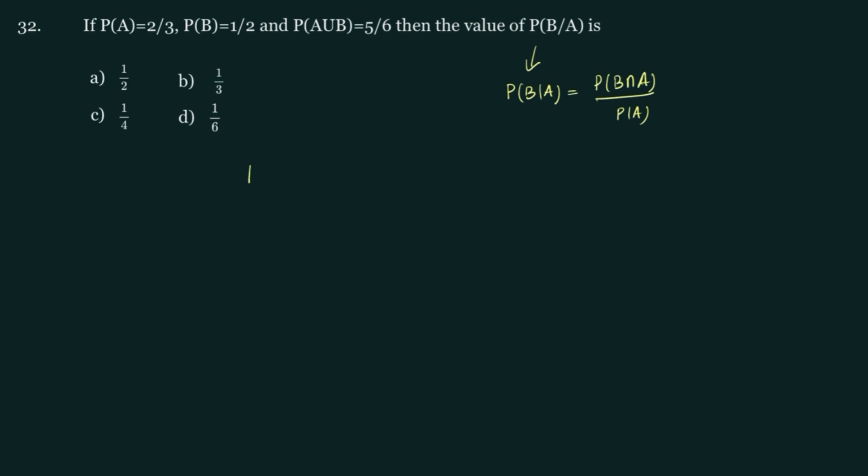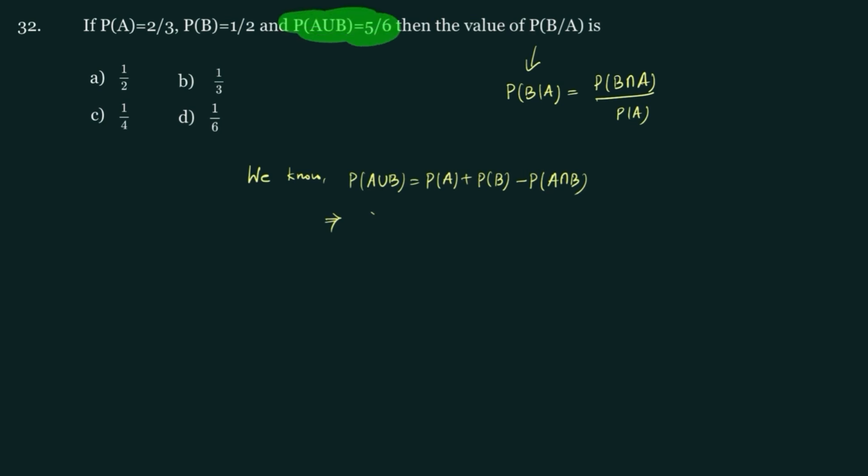So now we know probability of A union B equals probability of A plus probability of B minus probability of A intersection B. So this will be equal to, now probability of A union B is 5 by 6.